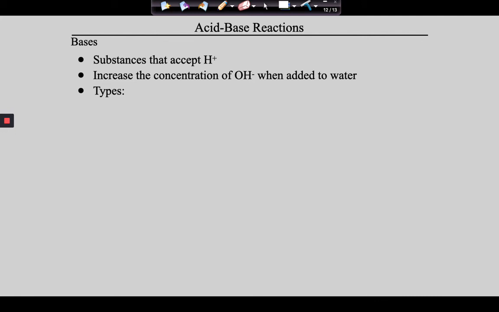Now guys, with that said, we now need to talk about the types of bases. So, two types, not mono and poly. Guys, the two types of bases are, first of all, the metal hydroxide bases. So guys, this should make your ears tickle a little bit.